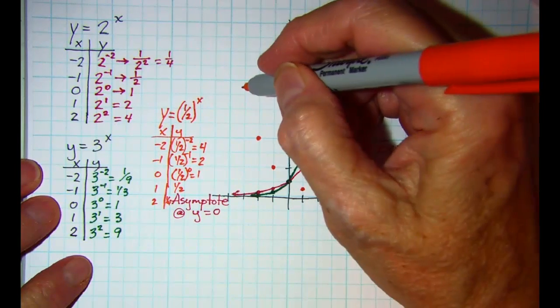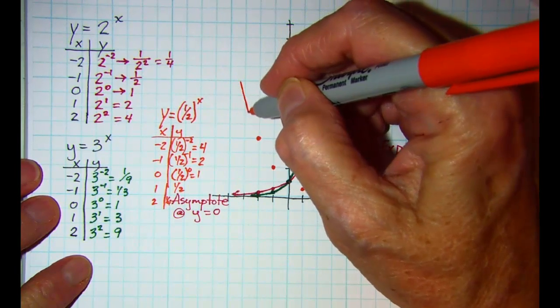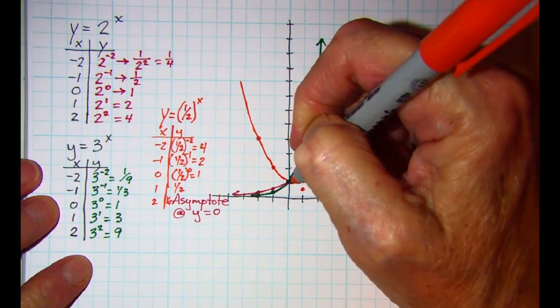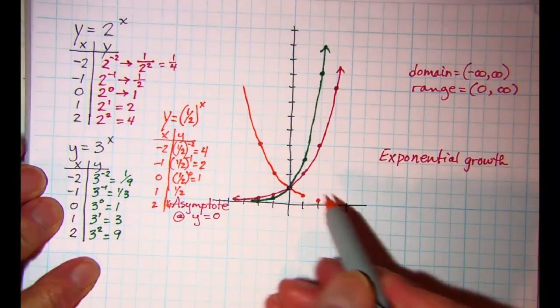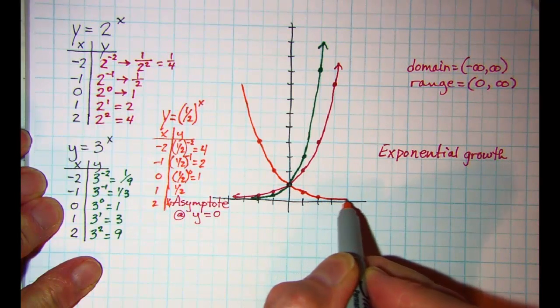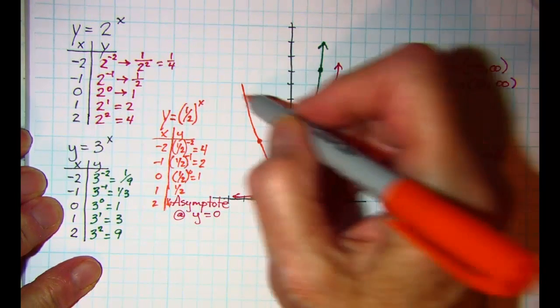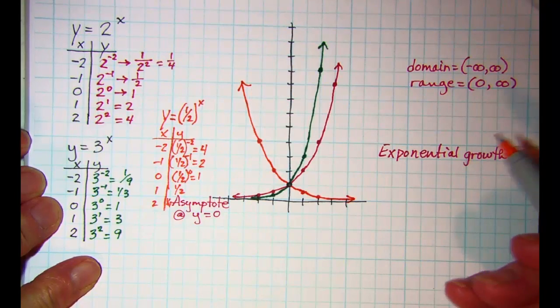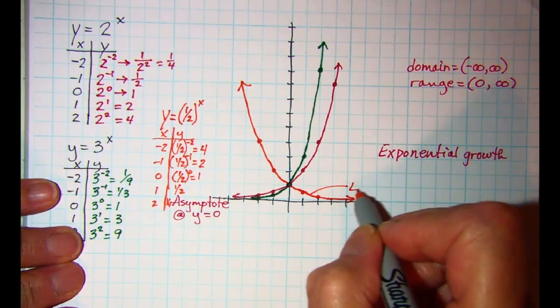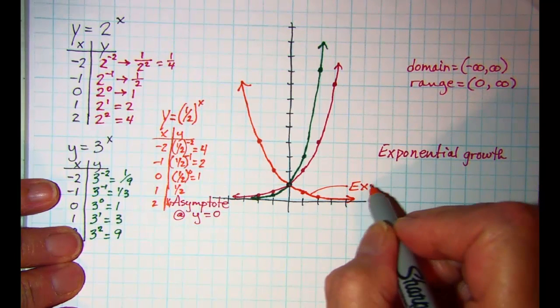So this time our curve looks like this. This one is an exponential decay curve.